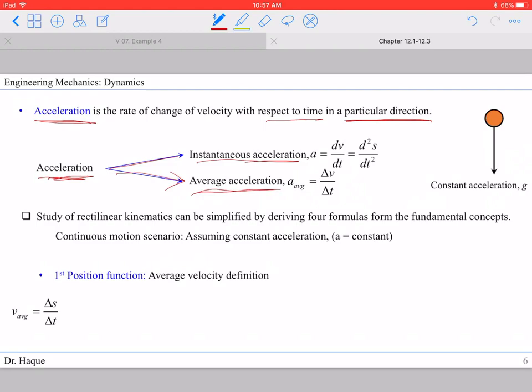Instantaneous acceleration is dv over dt, and if we plug in the value of v in derivative form from the previous slide, we get d squared s over dt squared. The average acceleration is easier: the change in velocity over the change in time.